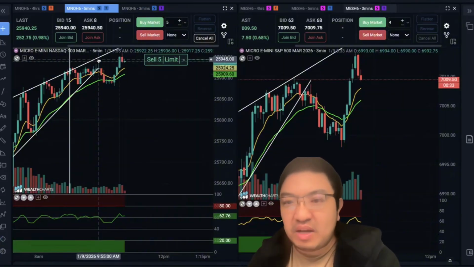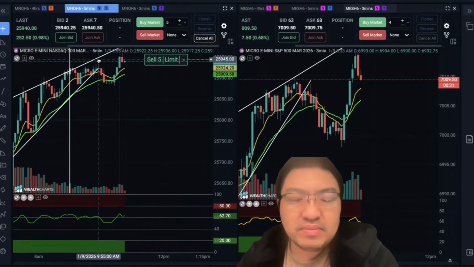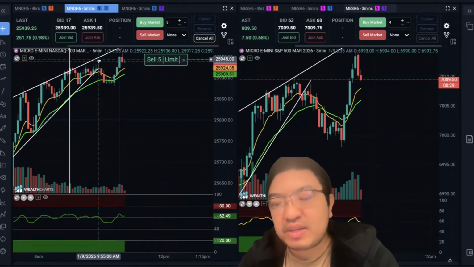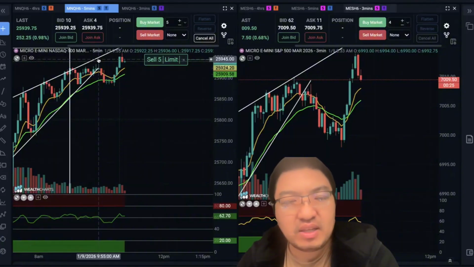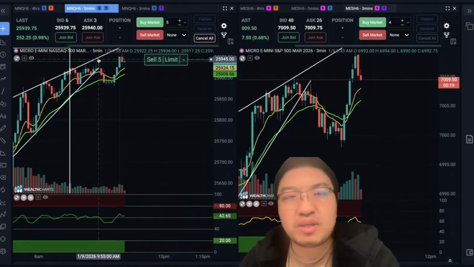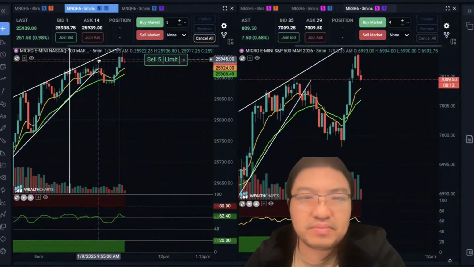ES shows some downward intention and creates a lower low. I'm not sure if ES is gonna fool me again today. Okay, 3 more minutes. We will see.